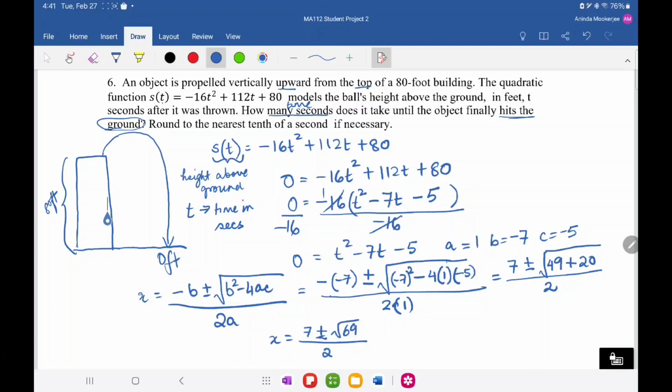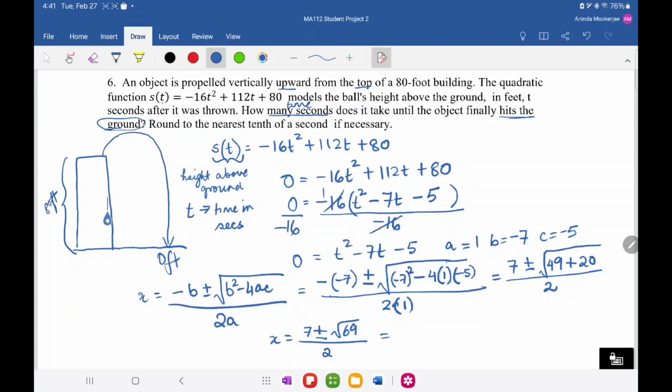So we are going to get two values of x. One when we do subtraction, 7 minus the square root of 69 over 2, and the other one is 7 plus the square root of 69 over 2. Let me just write this, it has become a little bit messy. So this is going to be a plus or minus, all right?